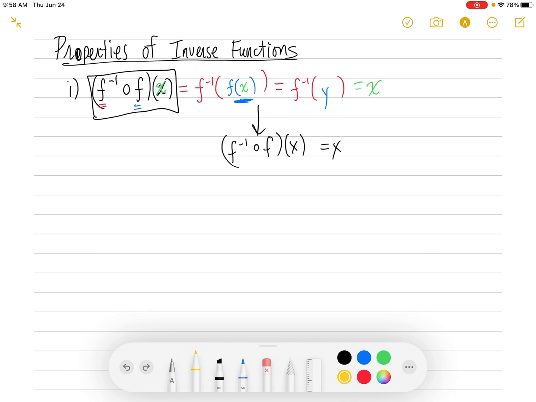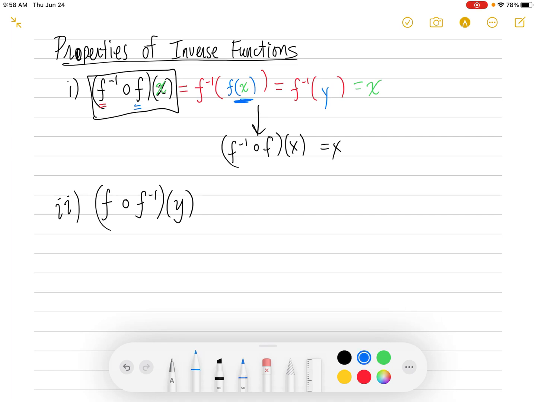So that's one property: when you compose an inverse function with the original function in this manner, you get back x.